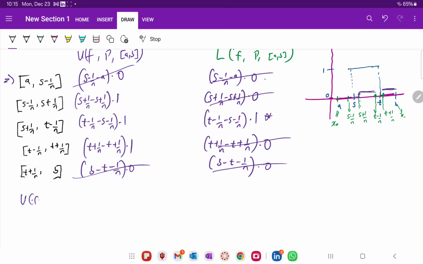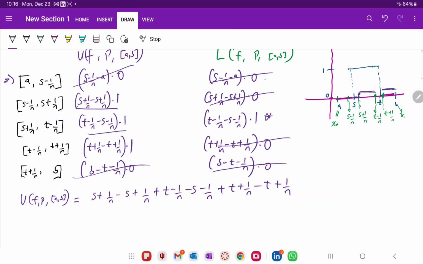So our upper Riemann sum will now be the addition of all those terms. We have x plus 1 over n minus x plus 1 over n, plus t minus 1 over n minus x minus 1 over n, plus t plus 1 over n minus t plus 1 over n. I'm just writing all these terms. So what do we have?